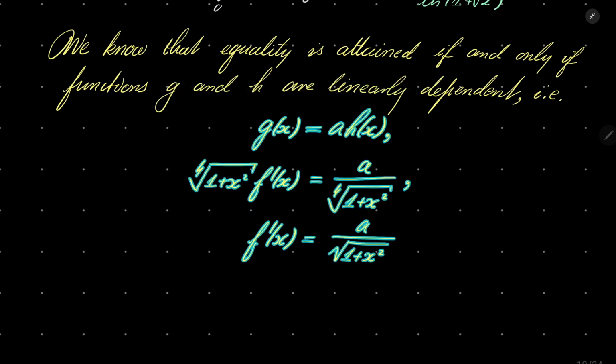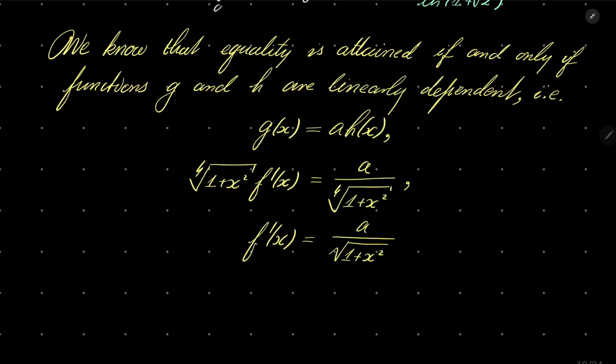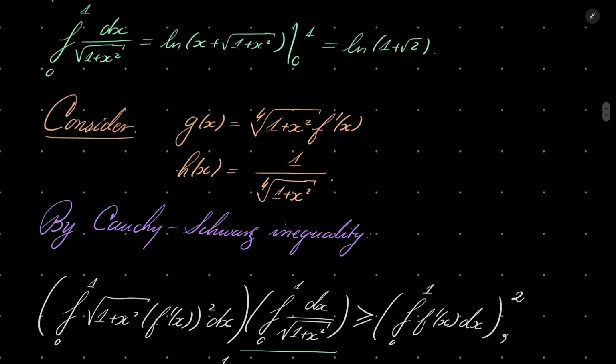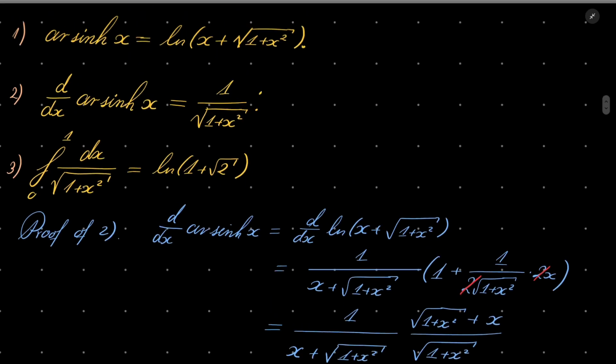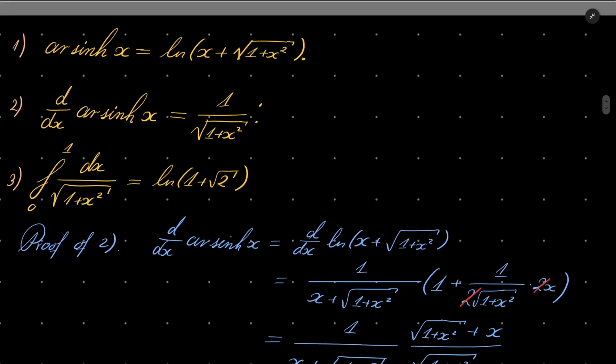When we wish to find our function f itself, my claim number 2 is helpful, because now we know that the derivative of this function equals 1 over square root of 1 plus x squared.